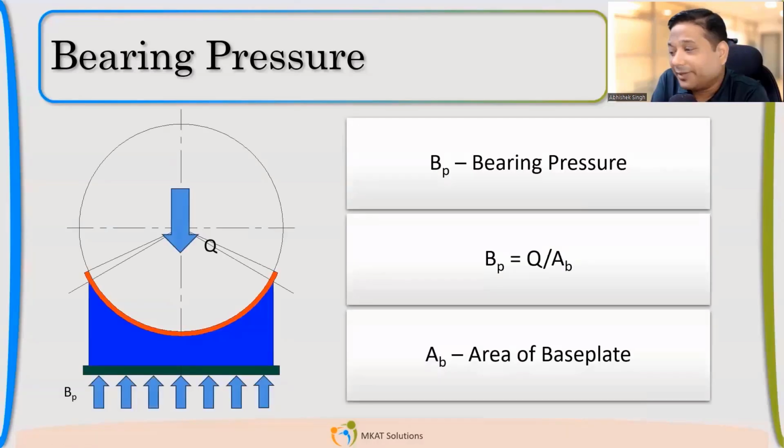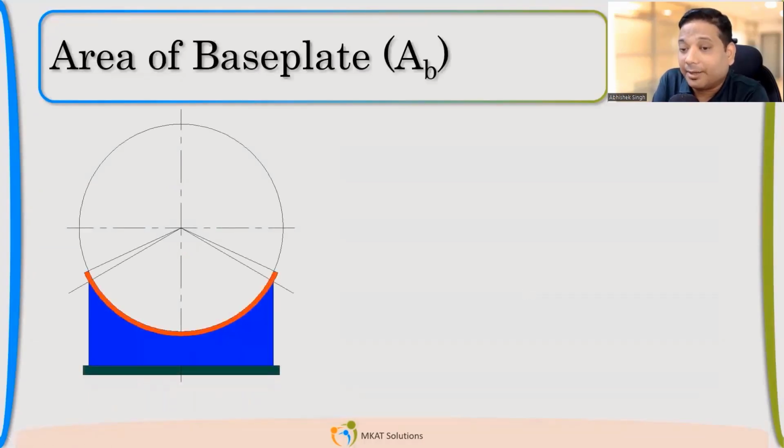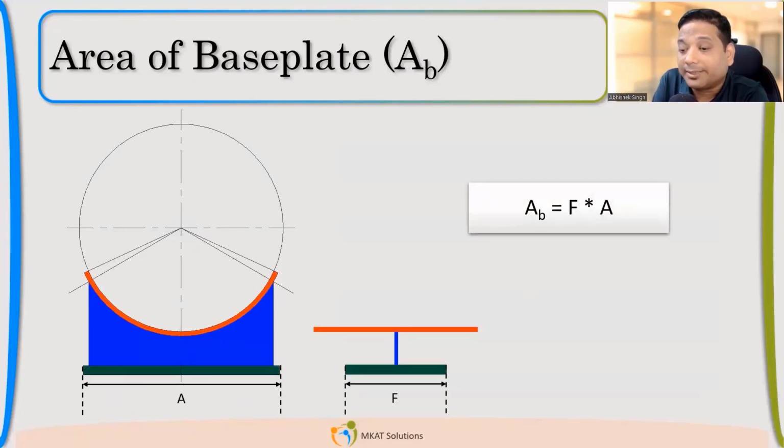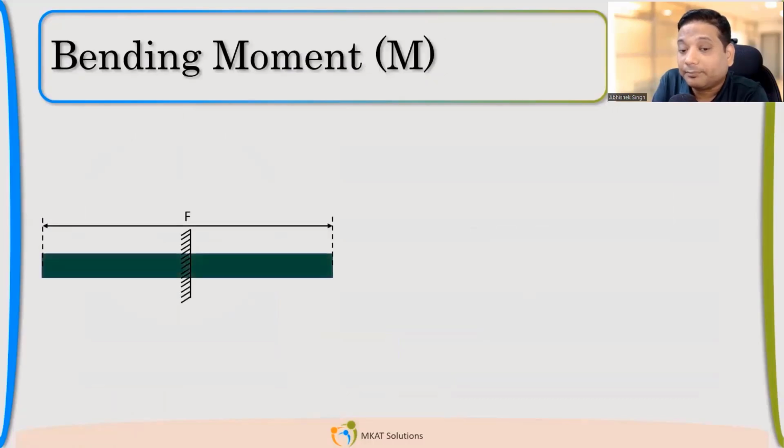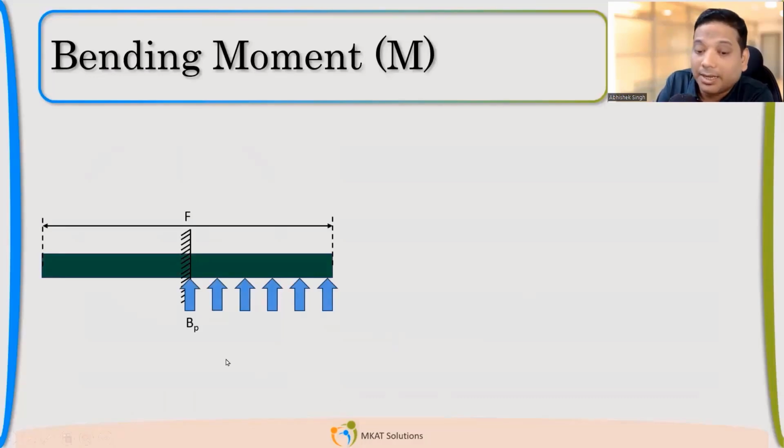First, the bearing pressure calculation is very easy. Total Q divided by the total area. That is basically the bearing pressure. But that bearing pressure, or bearing stress, whatever you call it, will be less. Now, the moment which is getting created by this bearing pressure: I can consider it as a linear force.